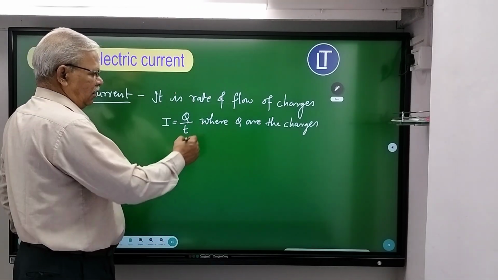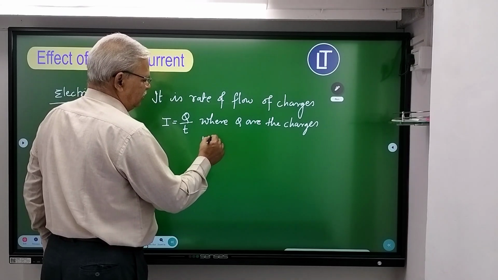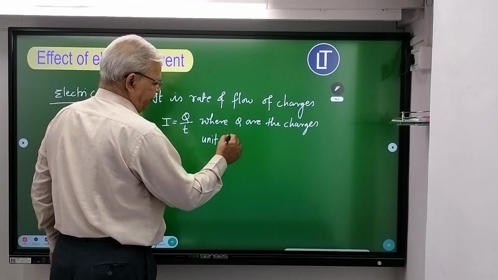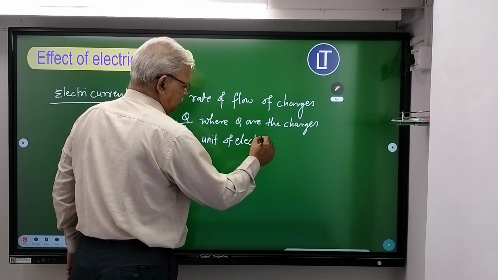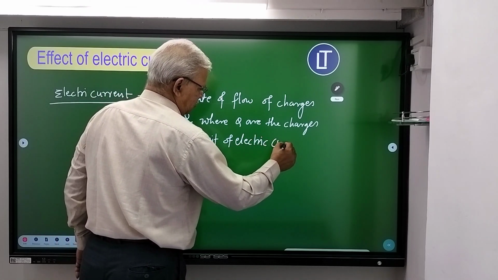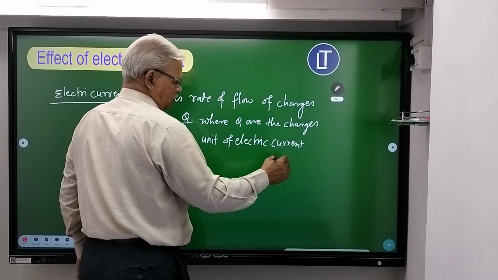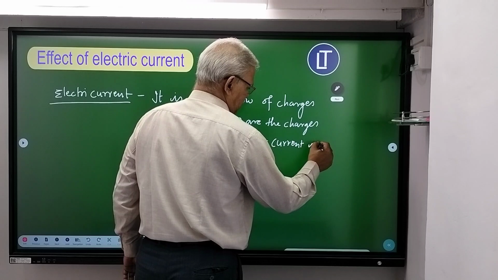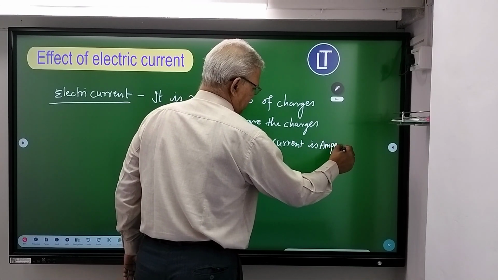I am going to write its unit. The unit of electric current is ampere. It is measured in ampere.